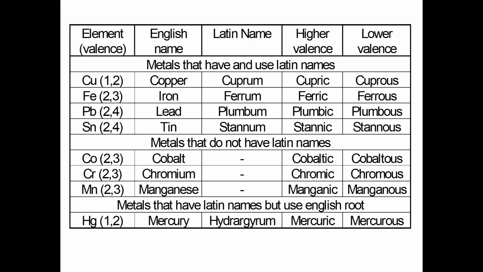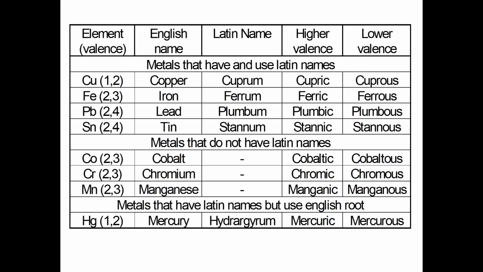Now, the only thing with this Latin naming is that when you have more than one option, like vanadium can have quite a few valences. If you have more than two, then you don't have the ic and the ous anymore. You have to go back to the IUPAC naming.